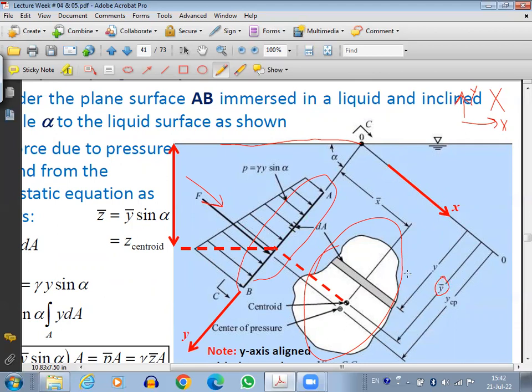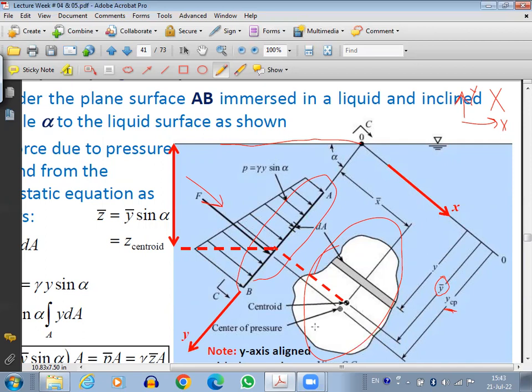If our point of reference is on the free surface, then Y bar would be the slanted distance, because it is not vertical and not horizontal, it is making a certain angle. So Y bar is the slanted distance of the centroid from the x-axis. YCP is the slanted distance of the center of pressure from the x-axis.